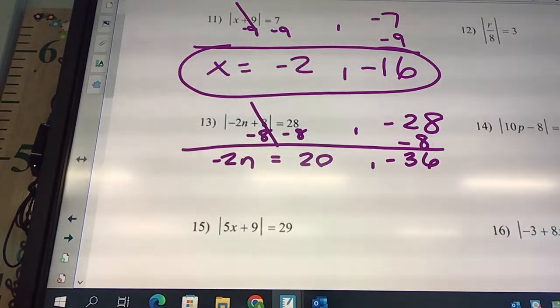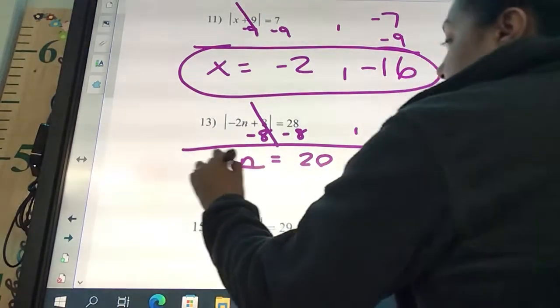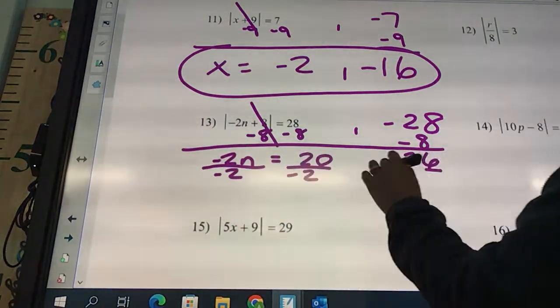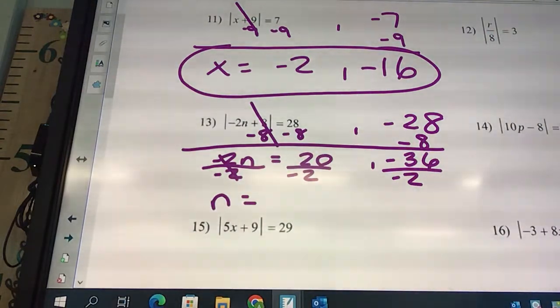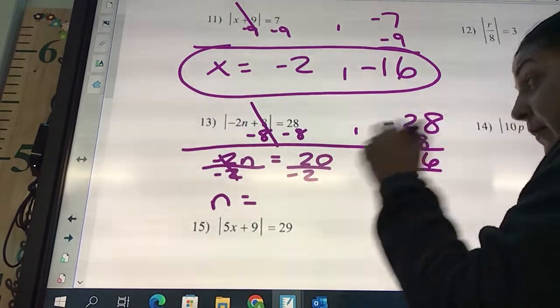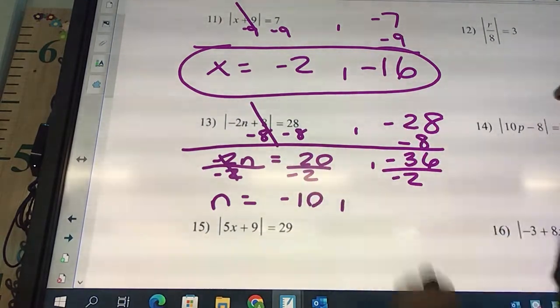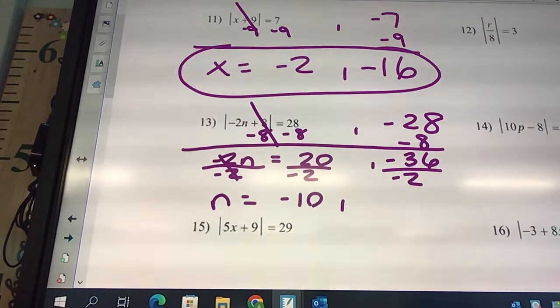And that means times. So we need to divide everything by negative 2. 20 divided by negative 2. Negative 10. Negative 36 divided by negative 2. Positive 18.